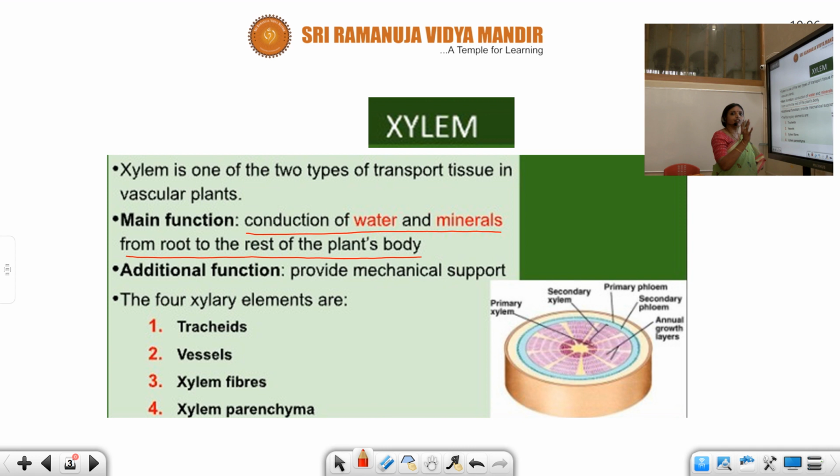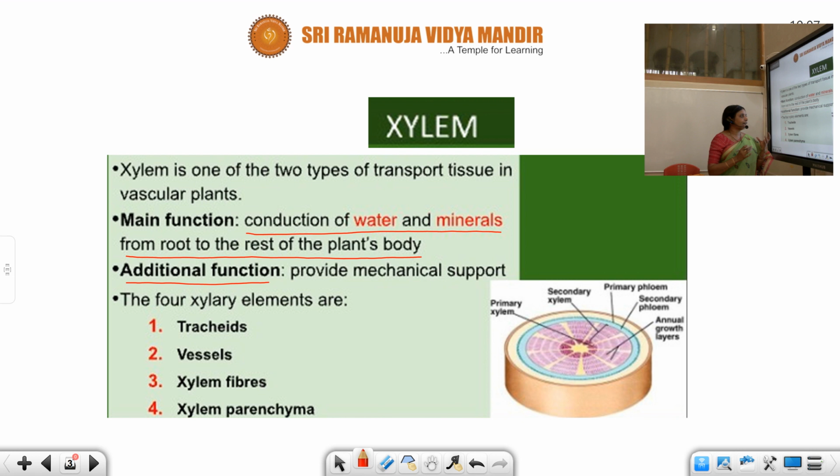In the xylem, sclerenchyma tissue and xylem fibers are present, which give mechanical support, as we will see. And the structure of xylem has four xylary elements, because as it is a complex, or compound, tissue, the structure is a little complex.